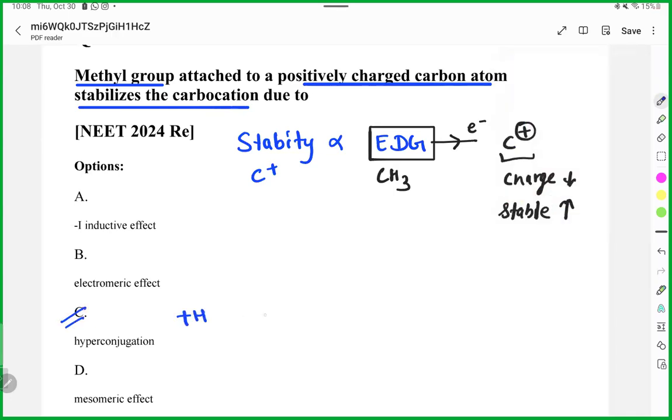Because CH3 has 3 alpha hydrogens, and 3 alpha hydrogens means more hyperconjugation effect, more stability. Make sense? Yes. So this is what you should understand. Here it is plus I effect or plus H effect. Electron donating group plus I, or plus H effect, hyperconjugation.